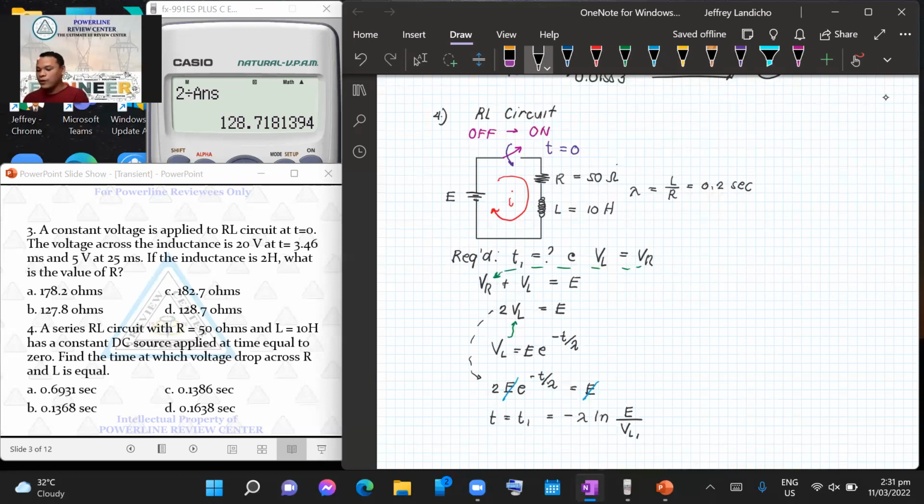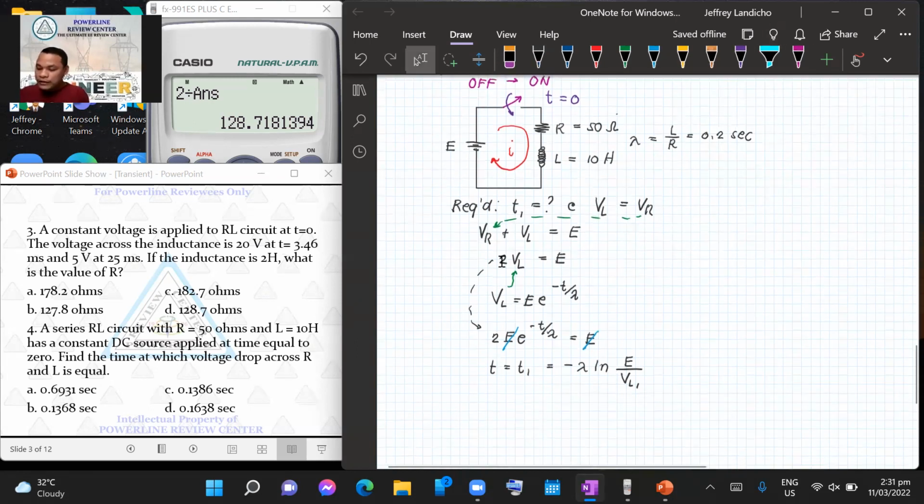B sub L1. Ayun ang ating magiging equation dyan. Okay? So wala nang problema. Your BL1, that is 2BL, kaya ano natira? Cancel itong E, bababa 1 half.